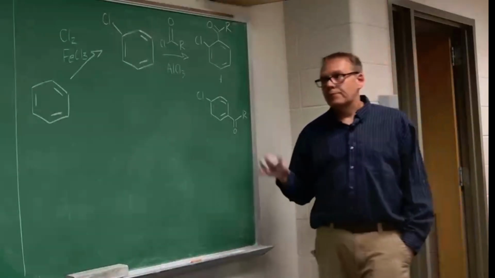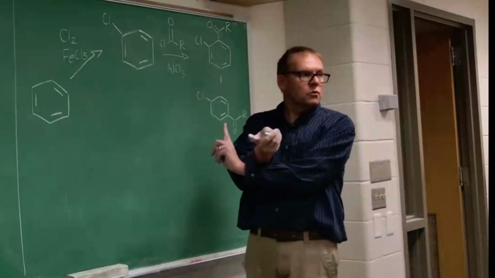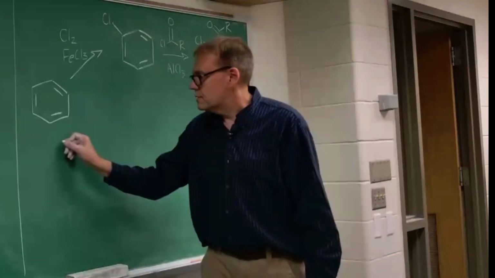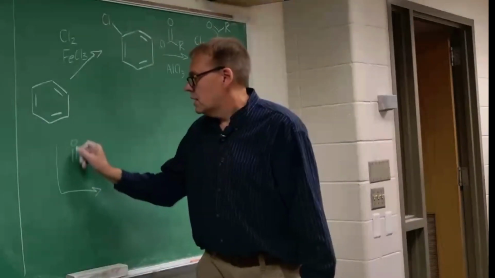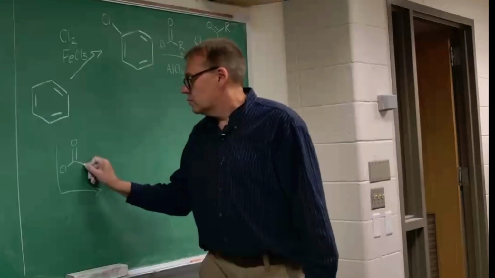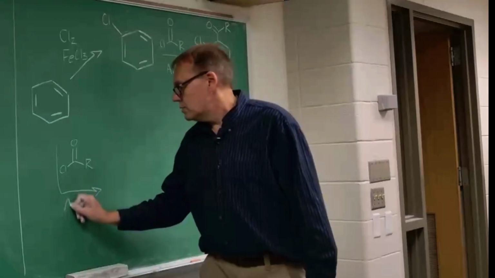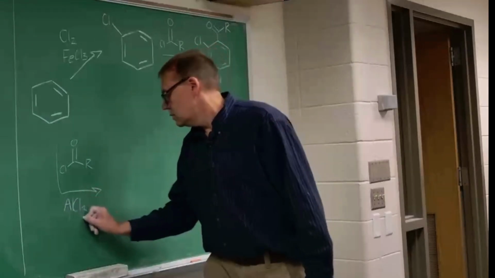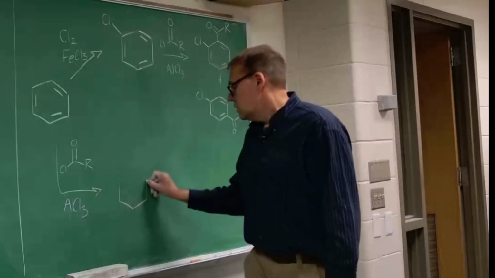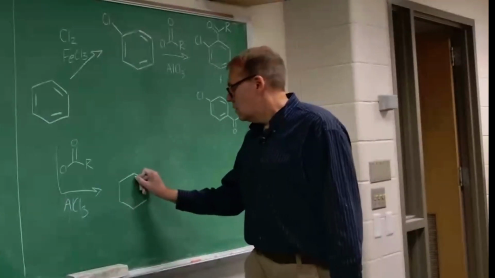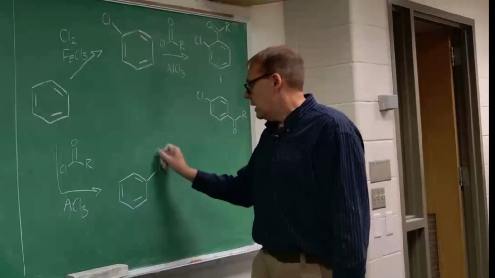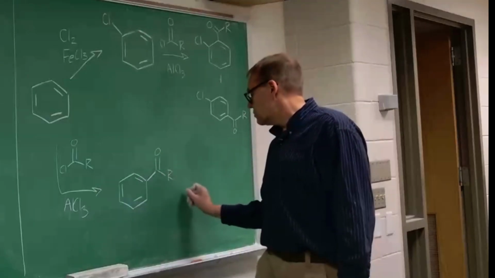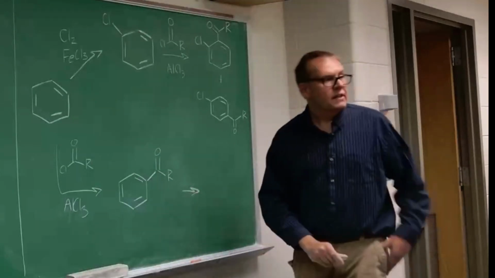But if you just change the order of the groups around, it makes a huge difference, because now if you do your Friedel-Crafts reaction first, you put on an acyl group, which is a meta director. So now we've got an acyl group on the ring, and that is going to influence the reaction to go in the meta position in the next step.